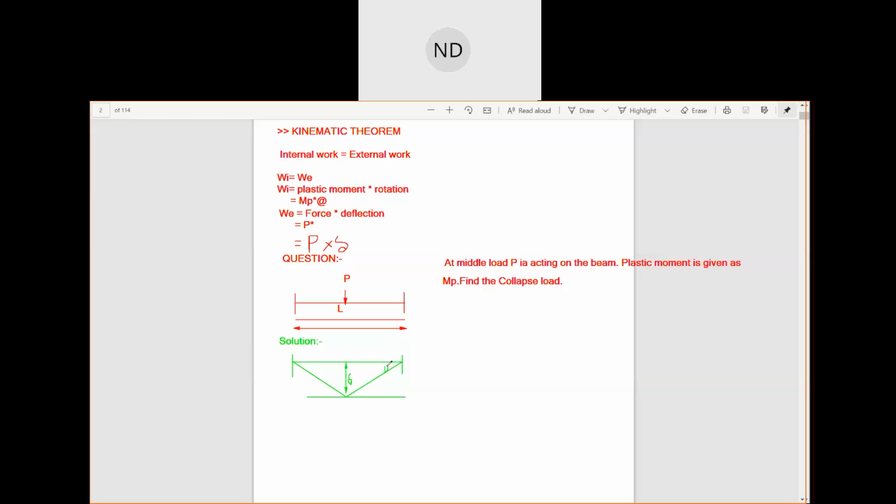You have a theta here, and here also you have a theta angle. This deflection is at an angle theta from here, and from here also theta. Why are we taking both sides equal? Because the length is L and your point load is at a distance of L by 2, at the center. Sorry, I forgot to mention that in the question: this is L by 2.